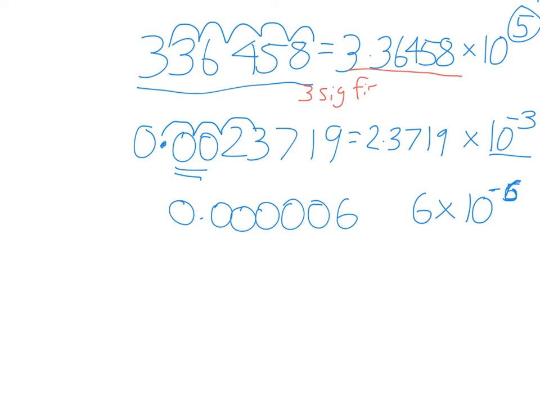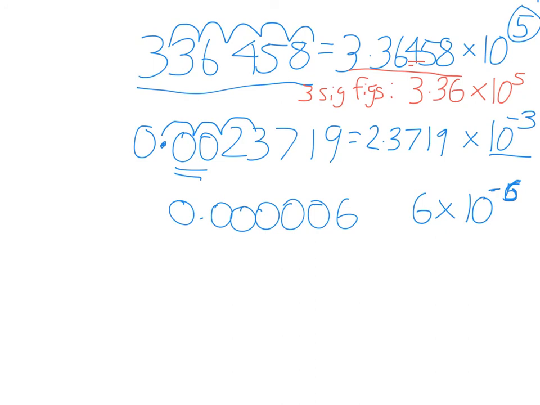So that means I have 3 digits in my answer, so I round it to 3 digits, but I don't include zeros at the start or the end. So this would just become 3.36 instead of 458. So I've rounded it down, because the next one is 4, times 10 to the power of 5. To 3 significant figures, okay?